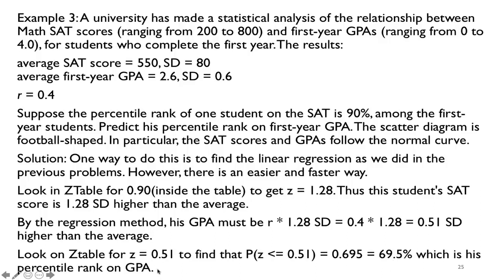So even though their SAT score is better than 90% of the first-year students, because of the regression line, we predict that the performance on the GPA is only 70%.